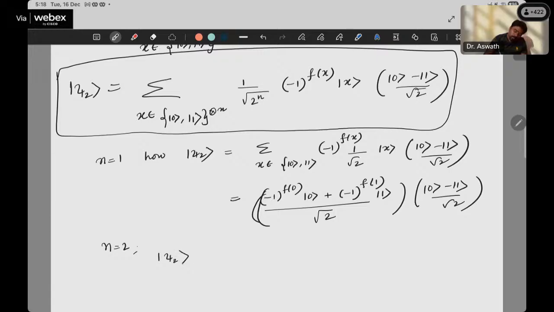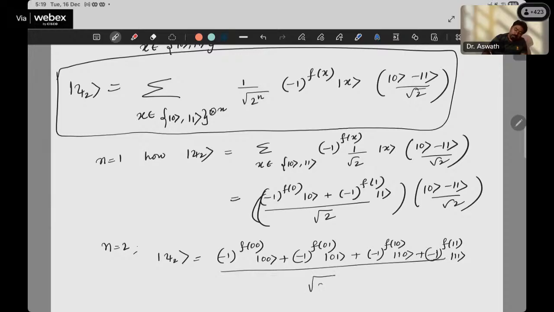It would look like minus 1 to the power of f of 00, |00⟩ plus minus 1 to the power of f of 01, |01⟩ plus minus 1 to the power of f of 10, |10⟩ plus minus 1 to the power of f of 11, |11⟩, divided by 2 to the power of 2 square root, which is simply 2, multiplied by |0⟩ minus |1⟩ divided by square root of 2.